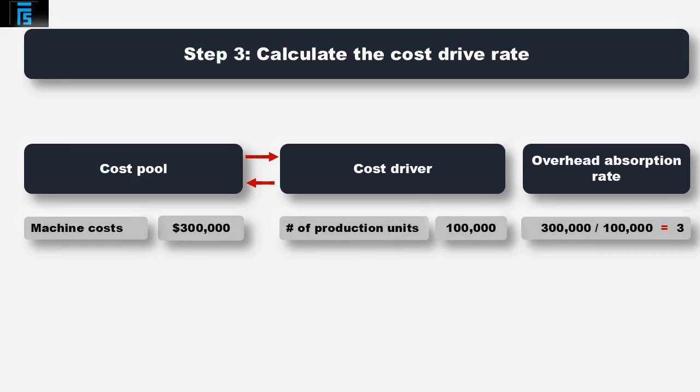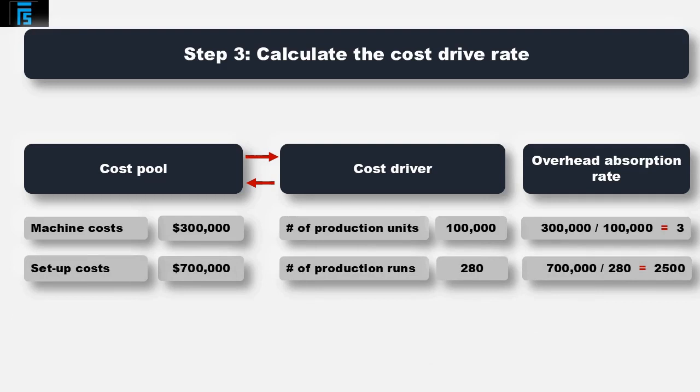The number of machine hours, or cost driver incidence, is 100,000, being 50,000 hours for each of product A and product B. This produces a cost driver rate of $3 per machine hour, being the overhead of 300,000 divided by 100,000 hours. Thus, each machine hour used in the production of A or B will incur an overhead charge of $3.